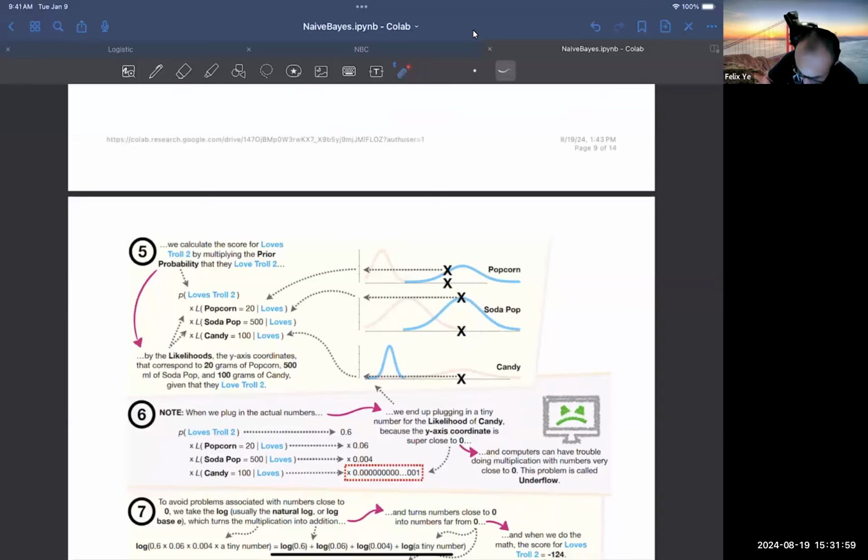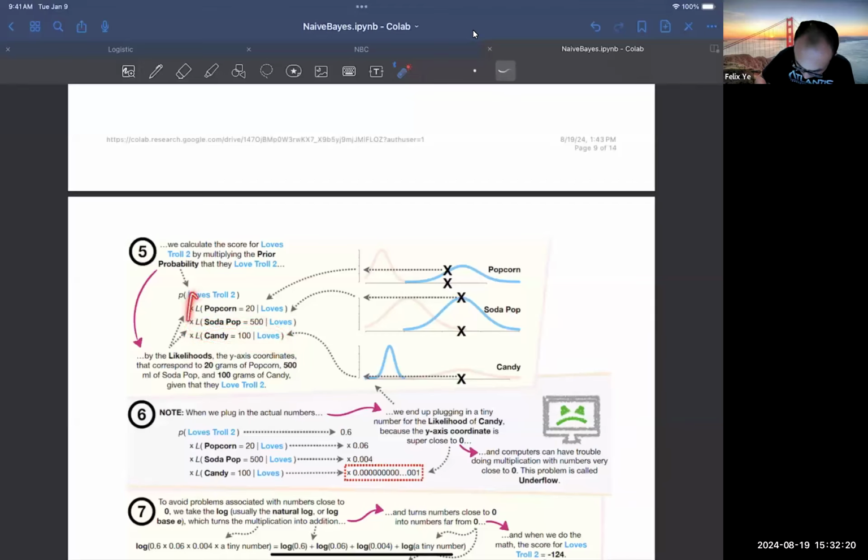Conditional on that person really loving Troll 2, that will be the prior multiplied by the probability of popcorn equal to 20, the conditional probability of soda pop equal to 500, and the conditional probability of candy equal to 100.